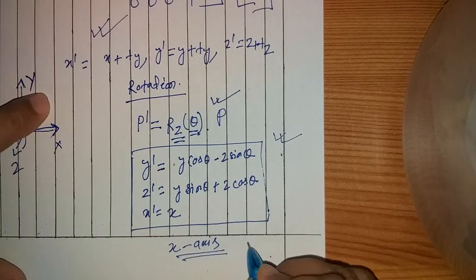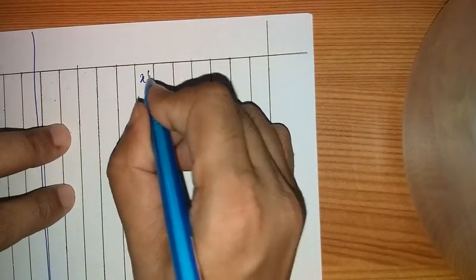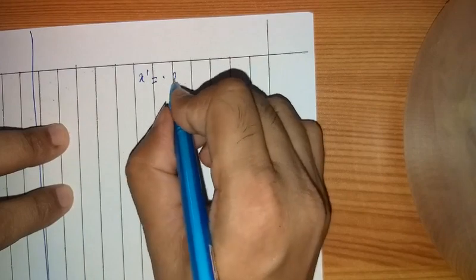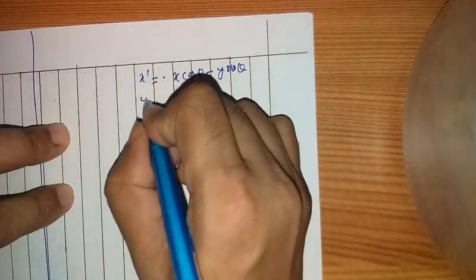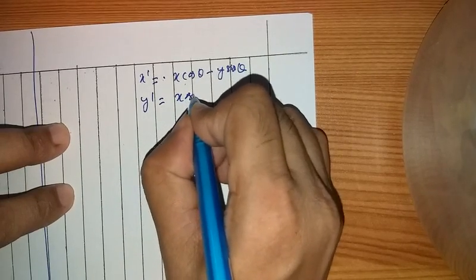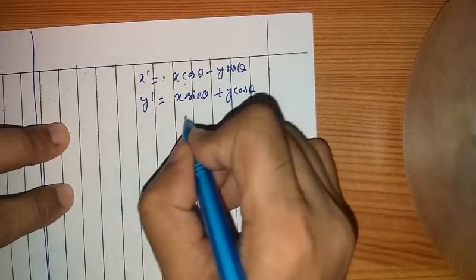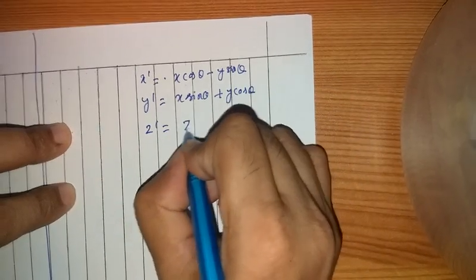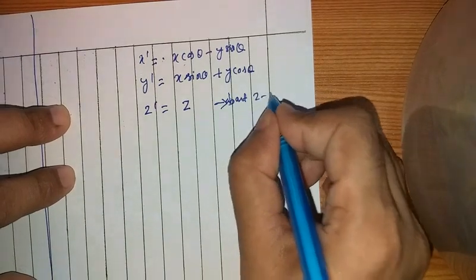Now we will see about the z-axis. So new x dash will be x cos theta minus y sin theta, y dash will be x sin theta plus y cos theta, and z dash will be the same as z. This is about z axis rotation.